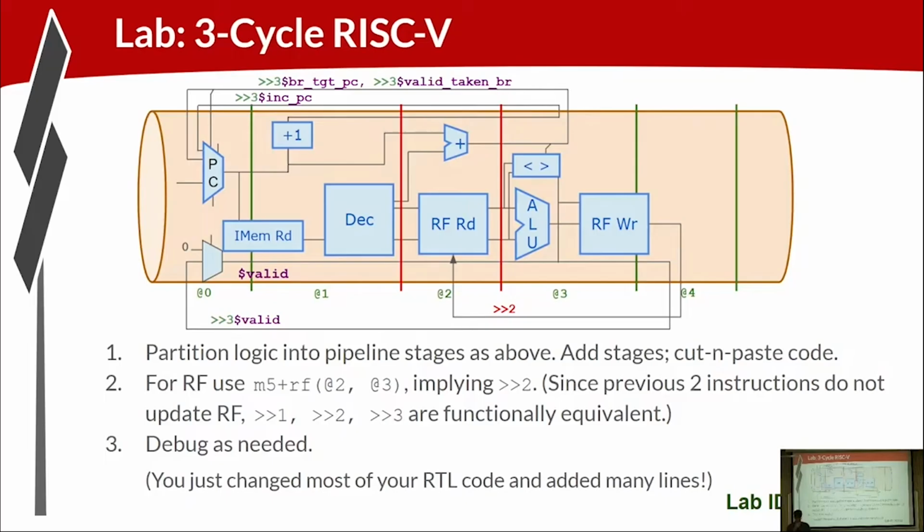We did in fact partition our logic. We made the register write a 2-cycle loop just by changing the macro parameters. And we made the PC update a 3-cycle loop. So with that, we don't have to worry about the fact that the hazard cases are wrong because we're still only executing instructions every 3rd cycle.